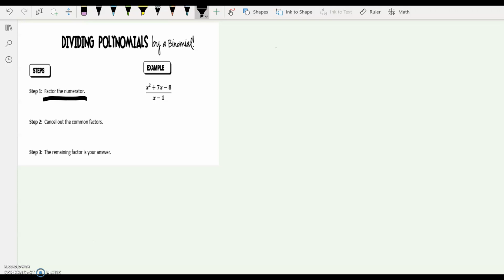Another way that some of these problems can be rewritten would be, let's just say we're taking a look at x cubed minus 3x squared plus 8x minus 24.